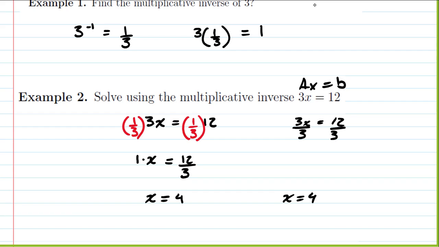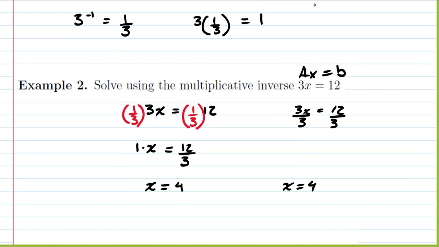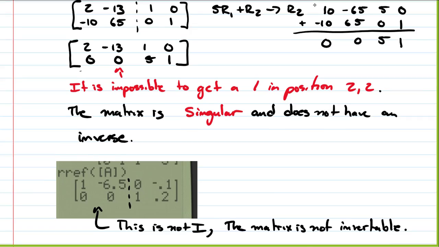We used the multiplicative inverse on both sides of the equation. Well, it turns out we can do the same thing with matrices, because we can also form an equation with matrices.